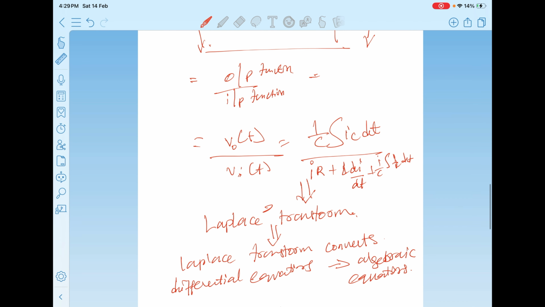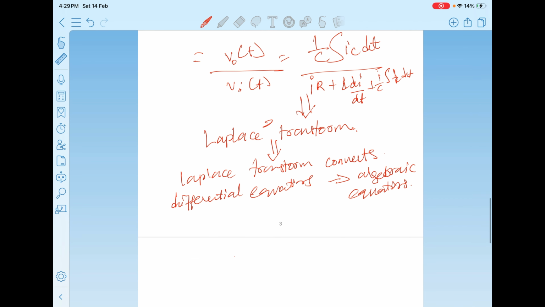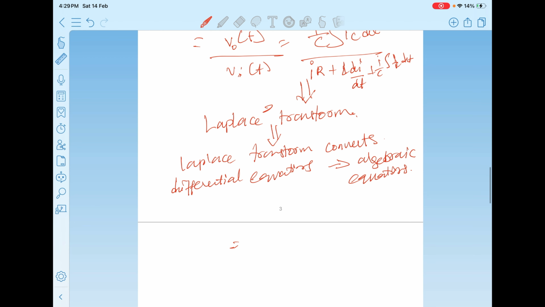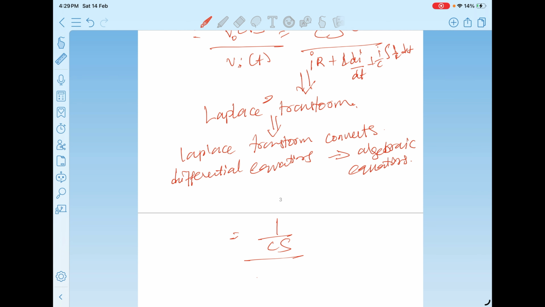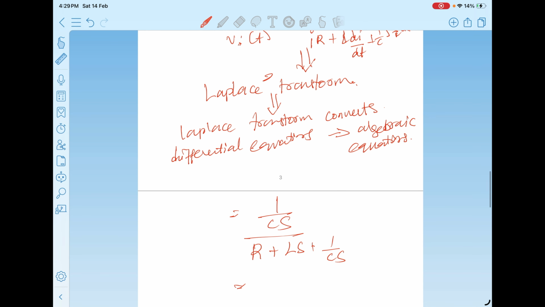See, reading this is very difficult, but if you convert this same into, for example, 1 by cs plus r plus ls plus 1 by cs. See, this is very simple to understand and simple to solve this kind of equation.